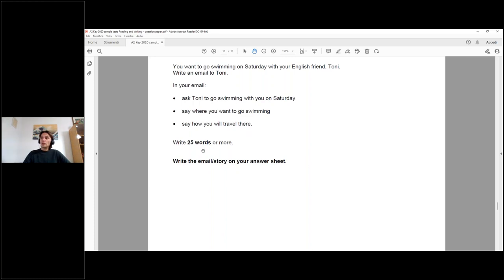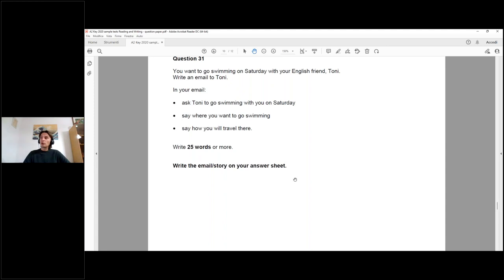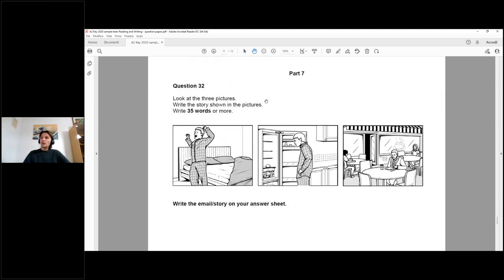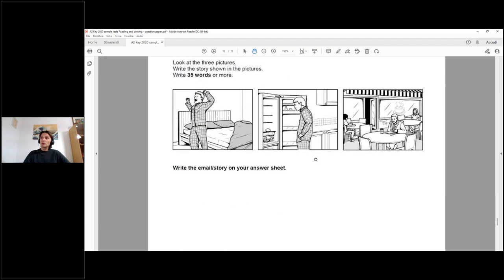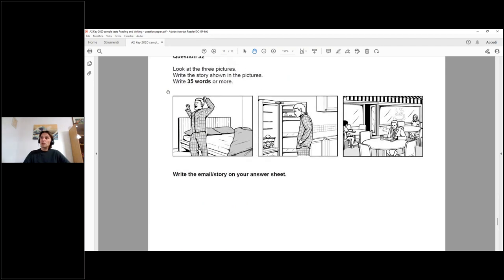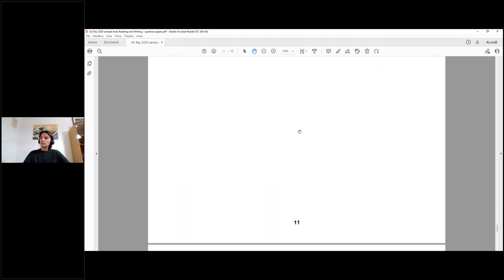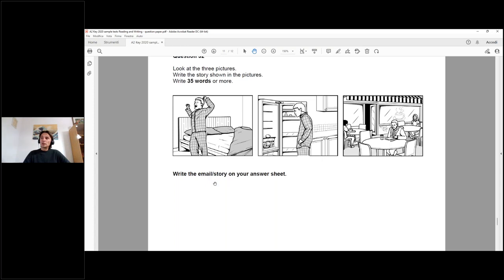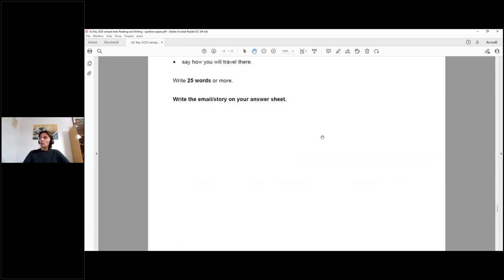So this was a 25 words or more email. Okay. Part 7, look at the 3 pictures. Write the story shown in the pictures, plural, right? Write 35 words or more. Yeah. And you should have sent me your story as well, 35-word story.